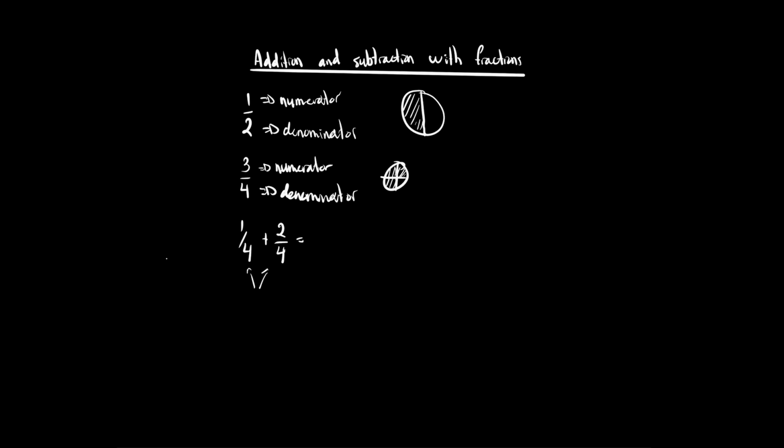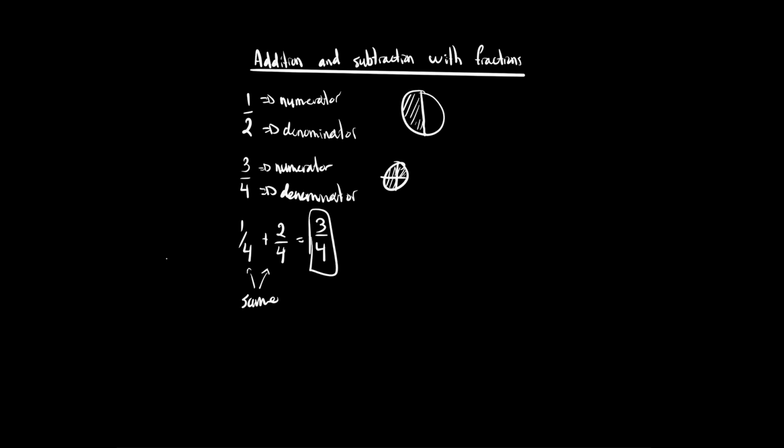Since both of the denominators are the same, I can simply add the two numerators, or if I have a subtraction, I just do the subtraction. So 1 plus 2 equals 3. And then you just take the same denominator. So in this case, 3/4.